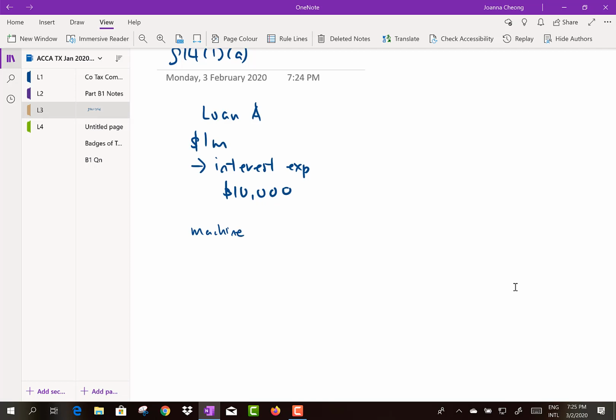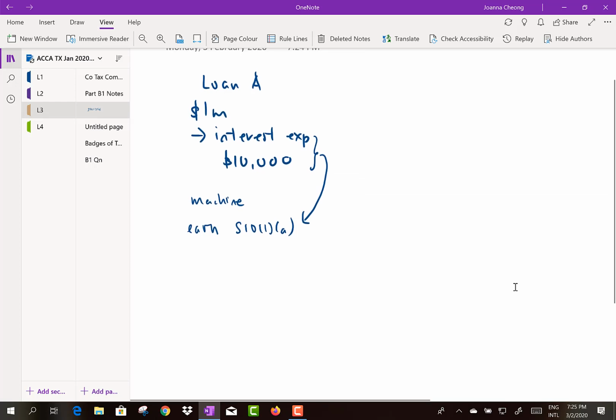And this machine is to help you to earn trade income because you are in the business of manufacturing. So the purpose of the loan is to help you to earn trade income, right? So therefore, this interest expense will be deductible against your trade income.